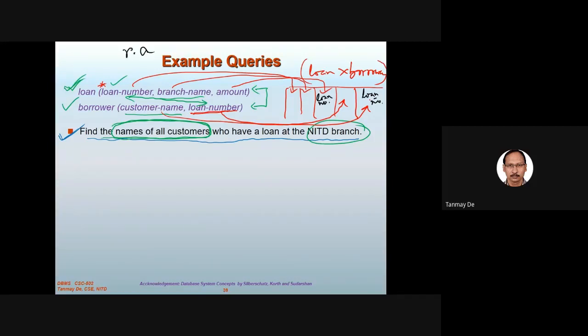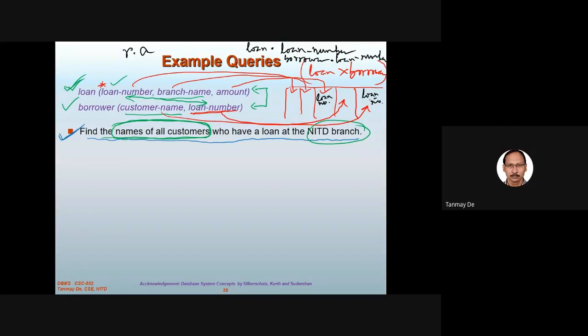Okay, so this is identified as loan dot loan number. Similarly, this is borrower dot loan number.